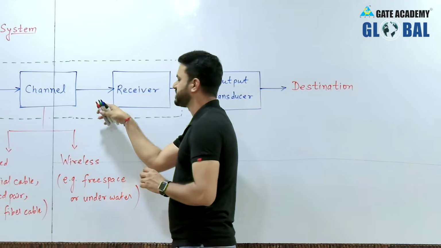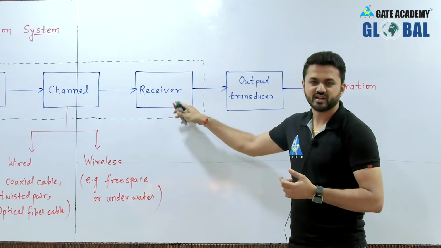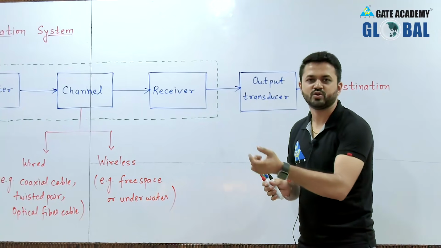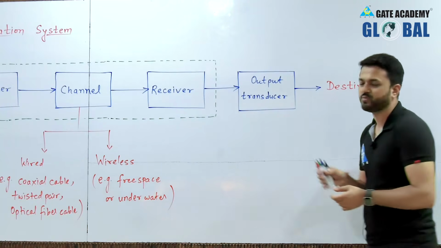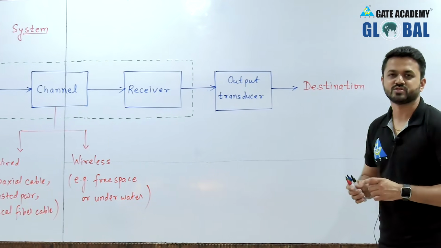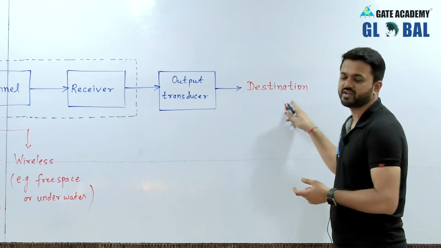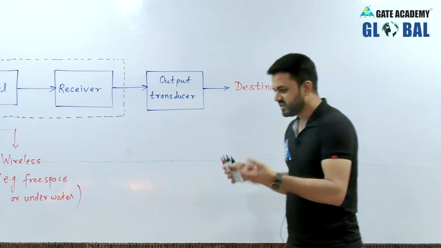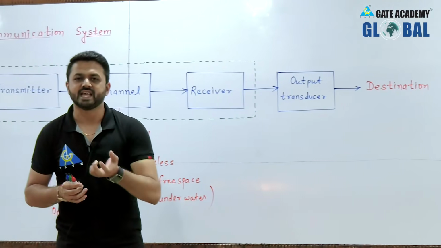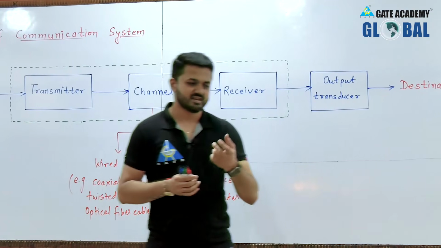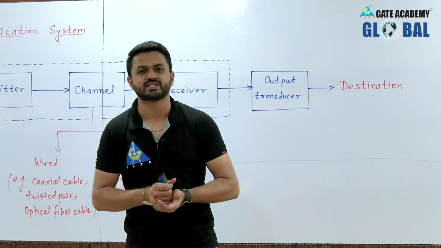So after passing through this channel, we receive our signal in the receiver, and we perform the undo process which we have done at the transmitter and pass it through the output transducer, and this output transducer again converts this electrical signal into a non-electrical signal, and we get our original information back. One example we can see is, if my voice is passing through this mic, the mic is working as an input transducer.